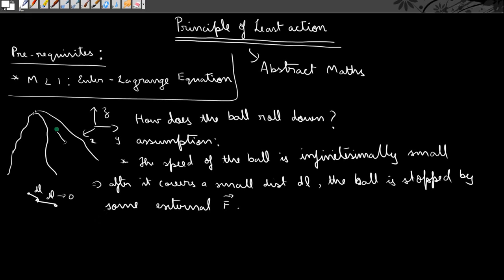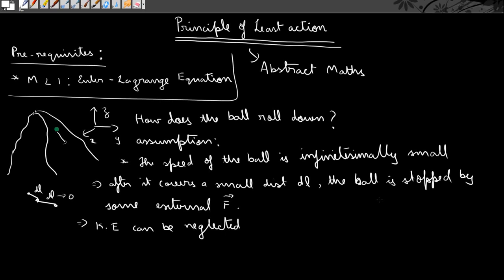So what this assumption implies is that kinetic energy can be neglected. So the assumption again is that there is some external force which ensures that the velocity of the ball, or the average speed of the ball, is going to be infinitesimally small.